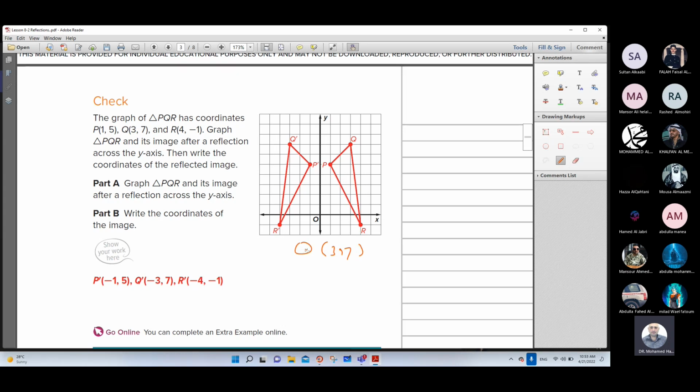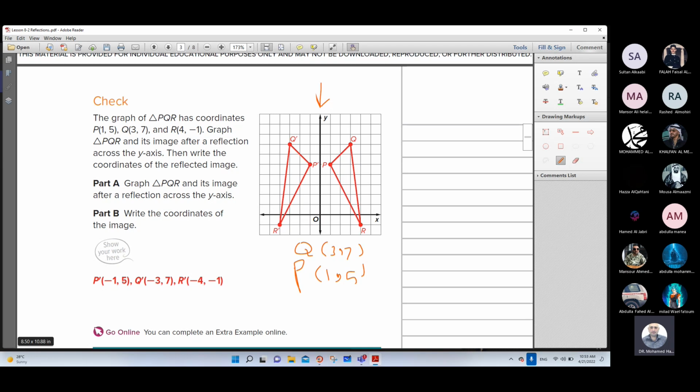This is a cube. And what is the line of reflection here? Y-axis. Y-axis. Right. Compare between Q and Q prime. As you see, we have the same Y. Here 7, here 7, but we have the opposite X. And B. What is the location of B? 1 in X and 5 in Y. Compare between B and B prime.